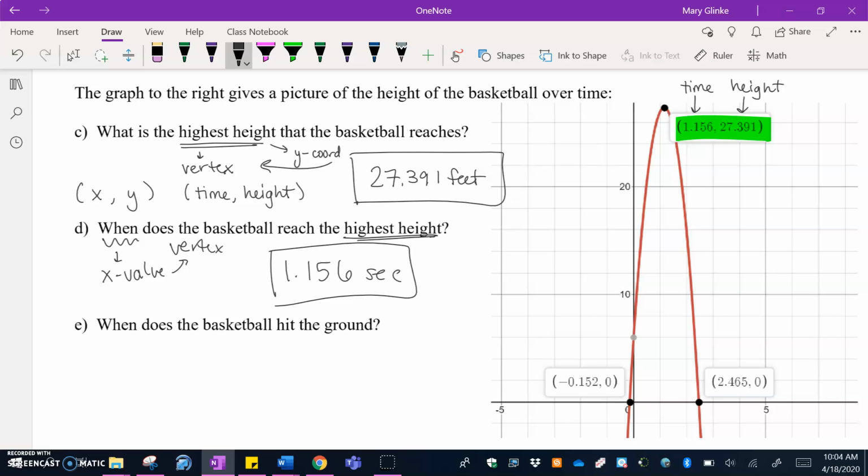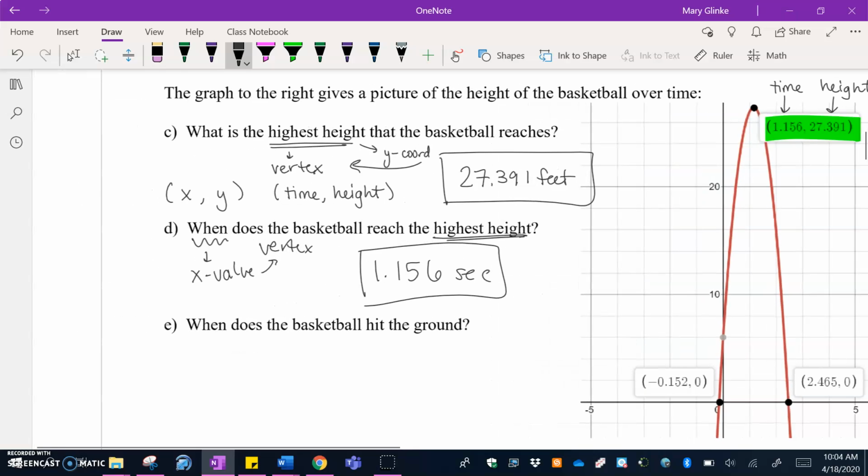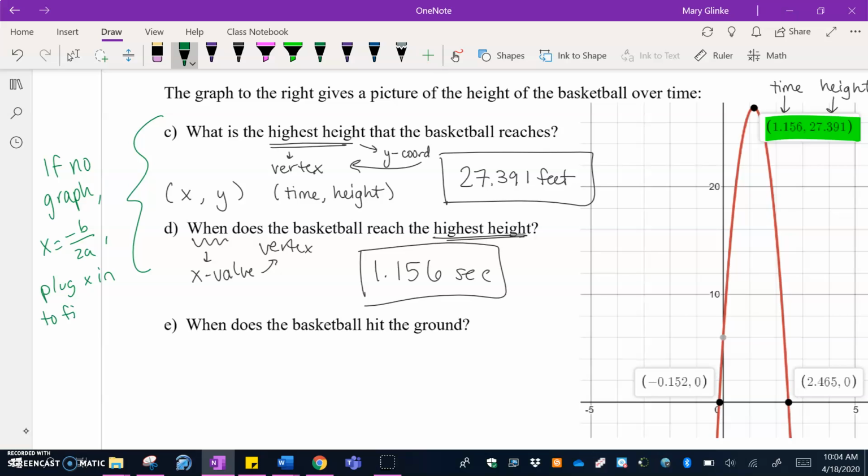If our graph was not given to us, let's make a note off to the side here. If our graph was not given to us, you need to do your negative b over 2a to find the x value, and then plug x in to find your y value.